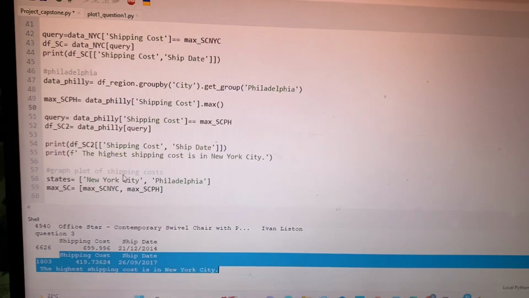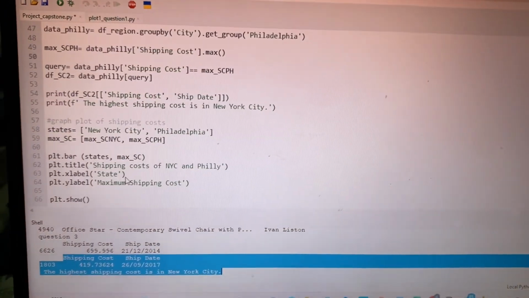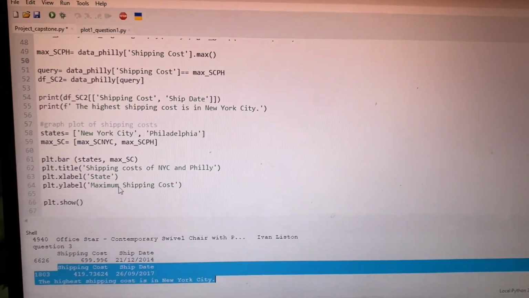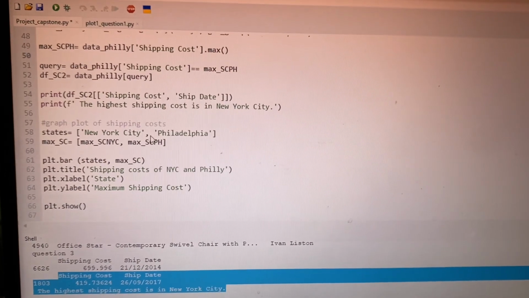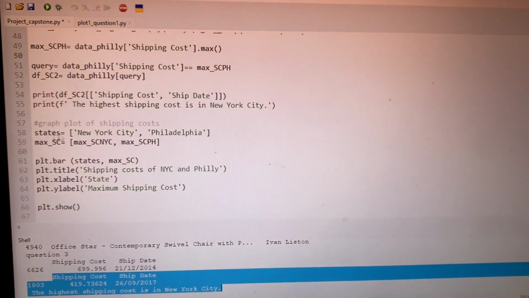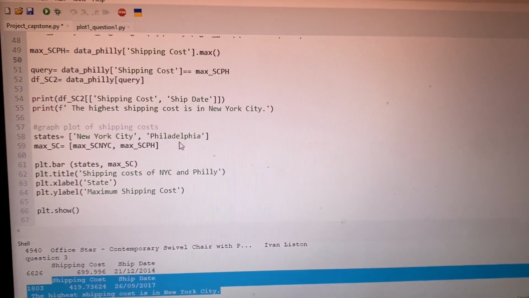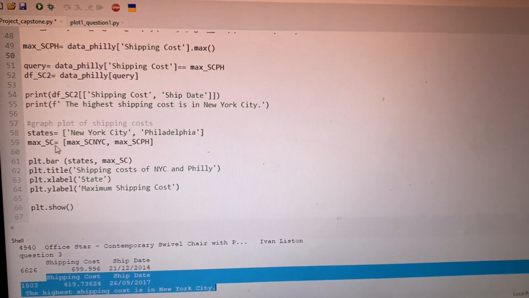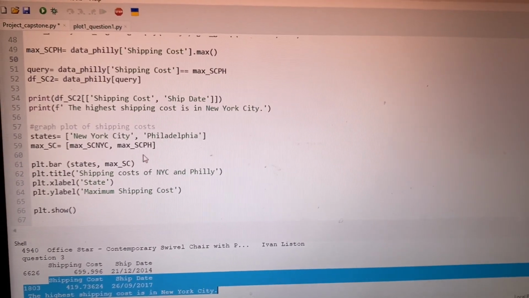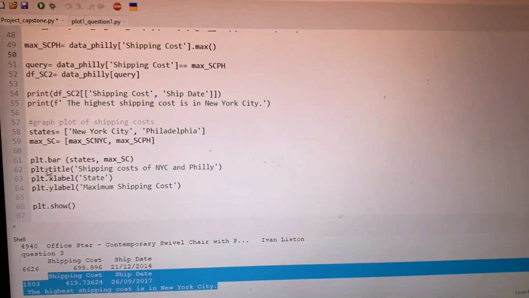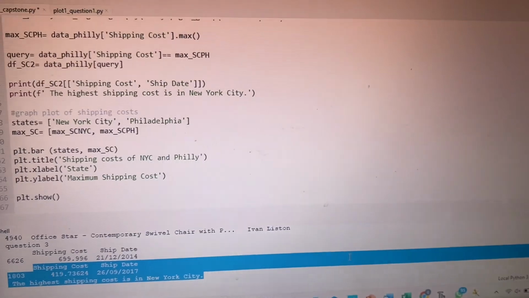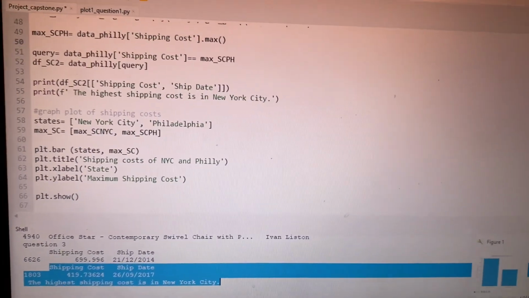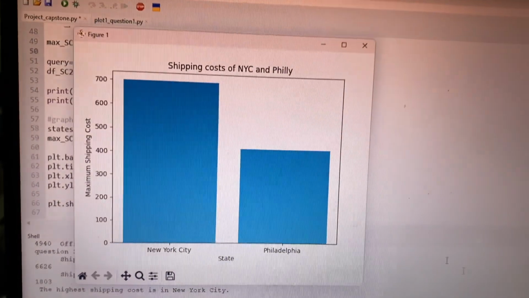And then I used this information to make the plot for shipping costs. And over here, I put states, which is New York and Philadelphia, then the maximum shipping cost for both, then just the specifiers of the table, and it looks like this.